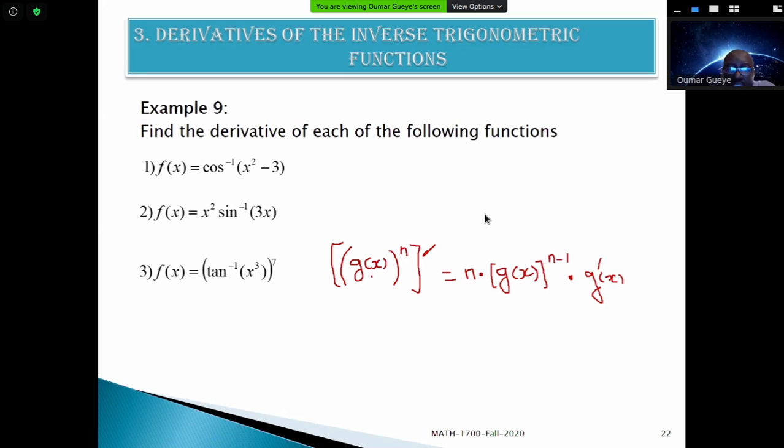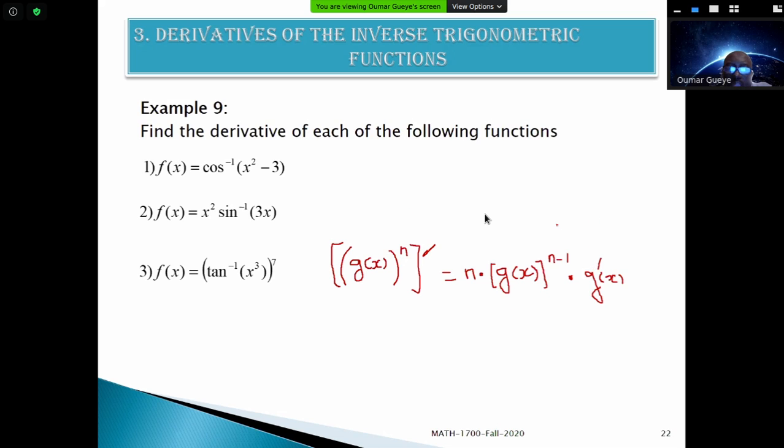You can see exactly in this case g of x is equal to this function, the whole thing here, and n is equal to 7. So it's going to be 7 times tan inverse to the power 7 minus 1 times the derivative of tan inverse at x cubed.